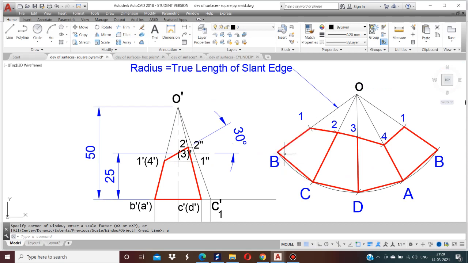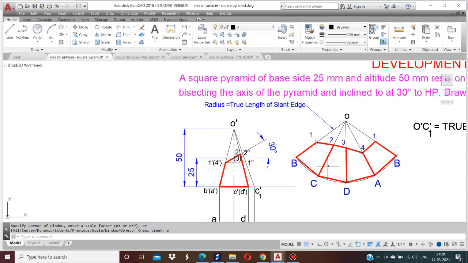From B as center, cut an arc at C. From C as center, cut an arc at D. From D as center, cut an arc and mark it as A. From A as center, cut an arc and mark it as B. So mark them as B, C, D, A, B.